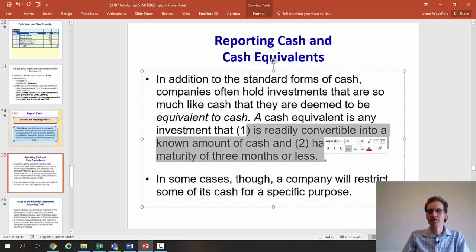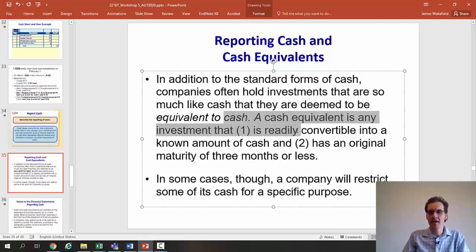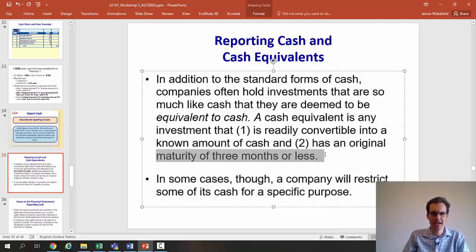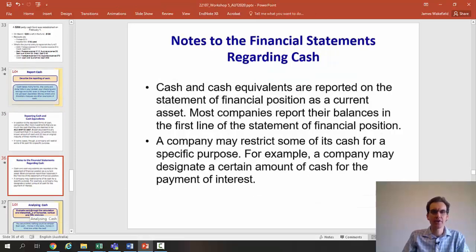So you'll often find this in the balance sheet that there is cash and cash equivalents, and you are provided with a number or set of numbers associated with that. Sometimes firms have cash in different accounts for specific purposes, and so therefore they will deem that as a cash equivalent because, as I said, it is readily convertible to cash in less than 3 months.